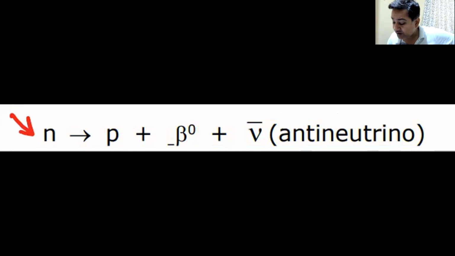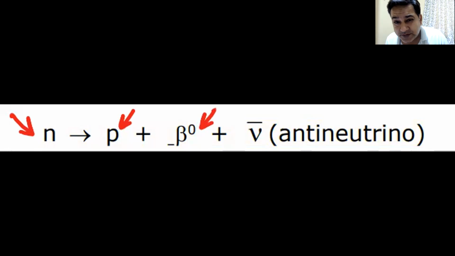Neutron has no charge. It's getting converted into a proton. Proton has a positive charge. Then it emits a beta particle, which is nothing but an electron. It has negative charge. So one positive, one negative becomes neutral.